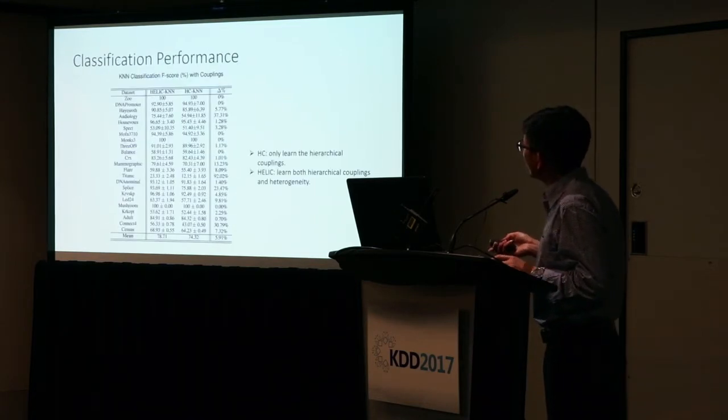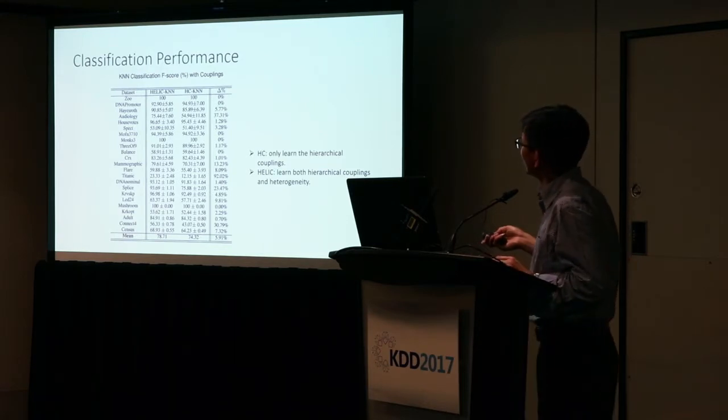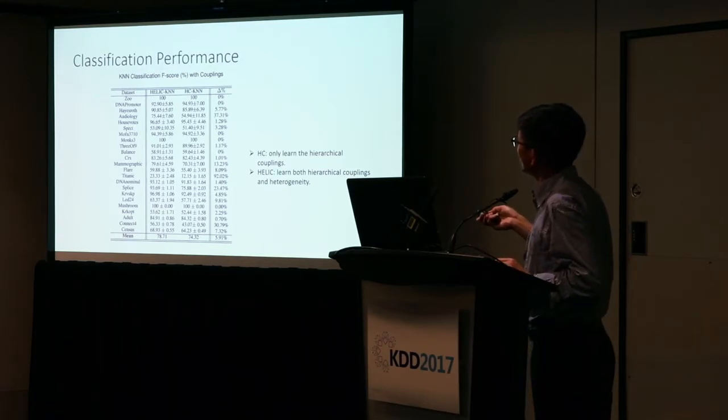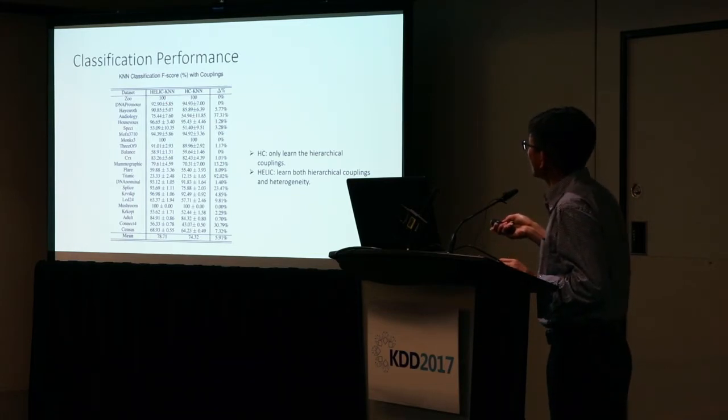And also we incorporate this into classification. Let's simply incorporate the similarity matrix we built into KNN, and then calculate the new KNN performance, the F score. And we created two versions.